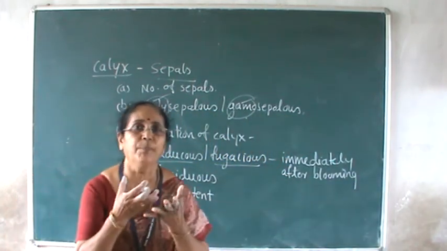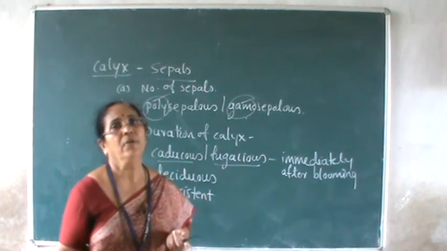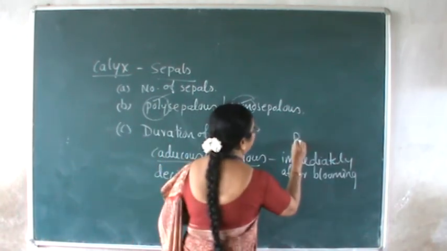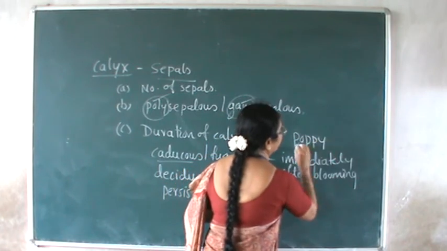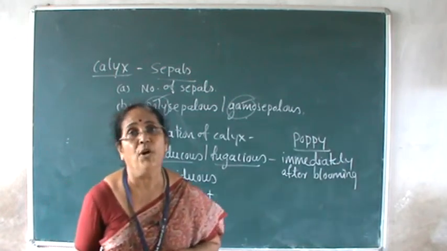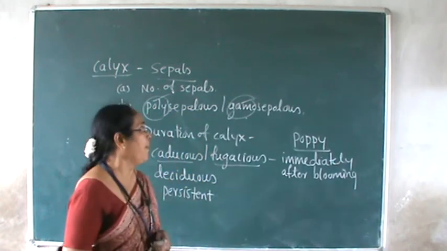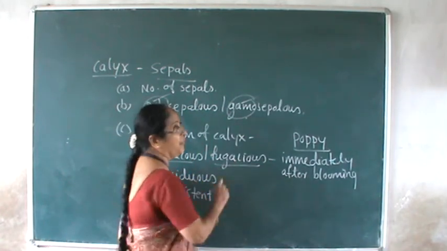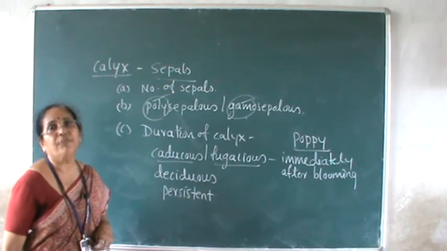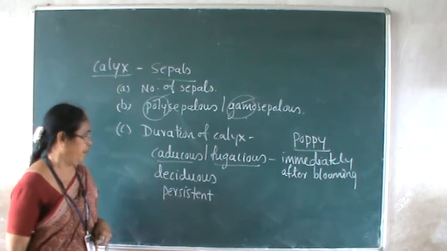Immediately when the flower blooms, the calyx falls off. And this happens in case of poppy. Poppy flower is an example. For poppy is Gasgase. Gasgase is called as poppy, poppy seeds. And the poppy is an example for the fugacious or the caducous nature of the calyx. It falls off immediately on blooming of the flower.